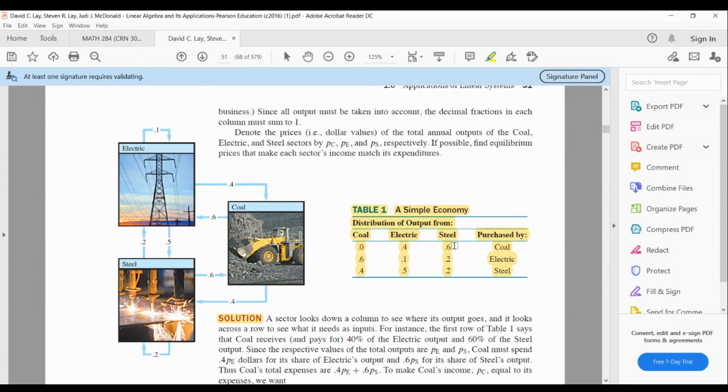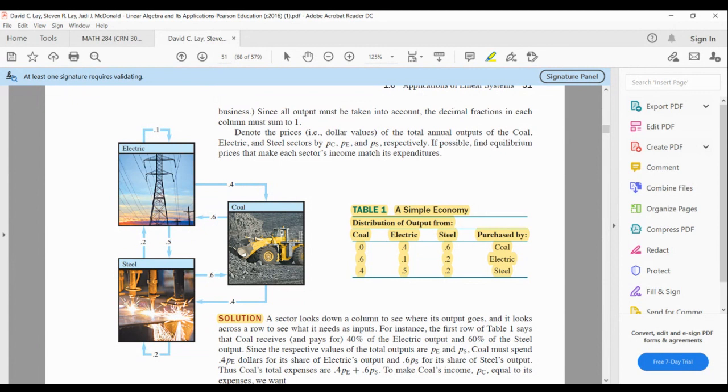Now, just take a look at that for a moment. Looking at the columns vertically, what do those decimals add up to?